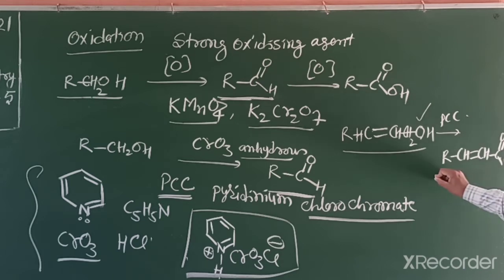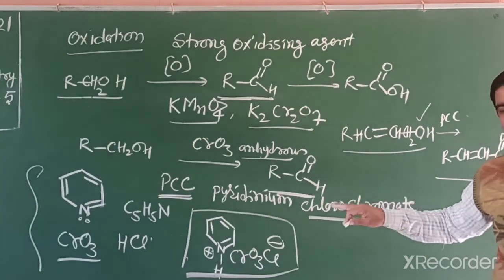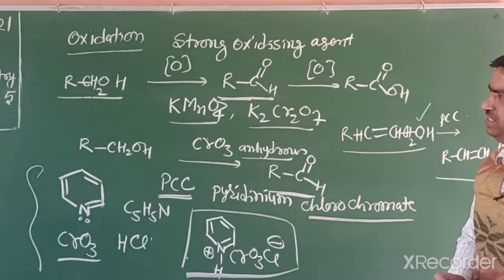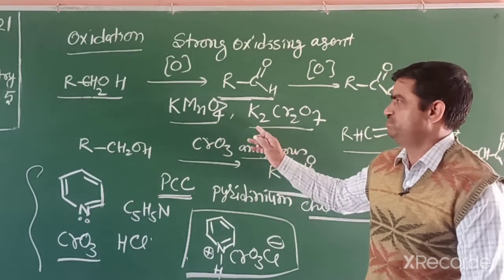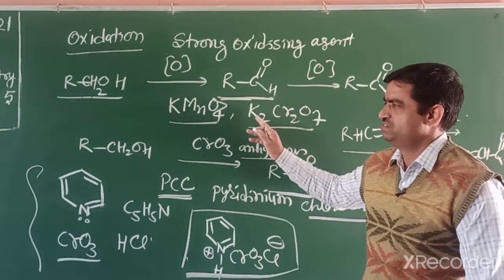We can write it like this. So PCC, pyridinium chlorochromate, is a suitable reagent to stop the reaction at the aldehyde.